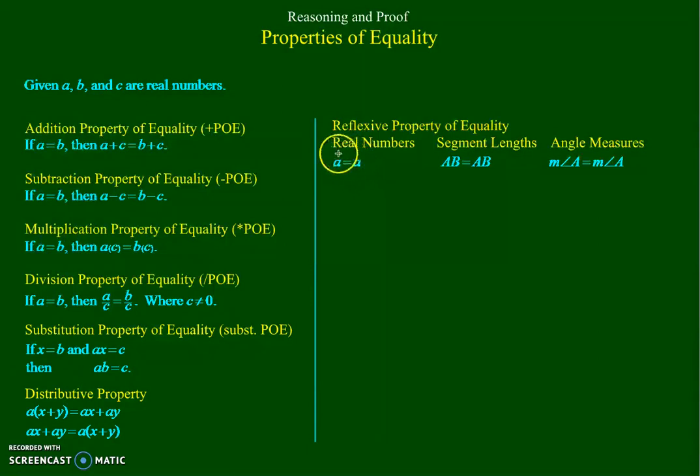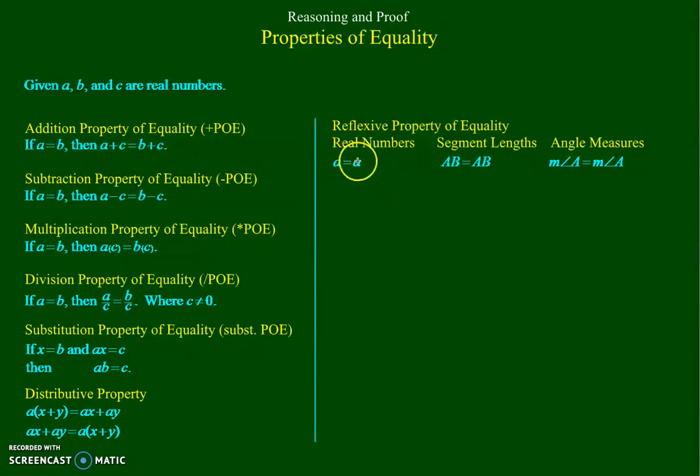That's the reflexive property of equality. And the way you can think of it is as looking at your reflection in a mirror. Unfortunately, there's a tendency for people to remember reflection instead of reflexive. The property is the reflexive property of equality.